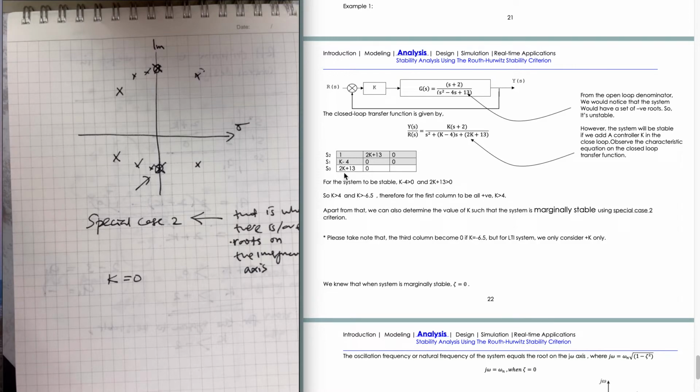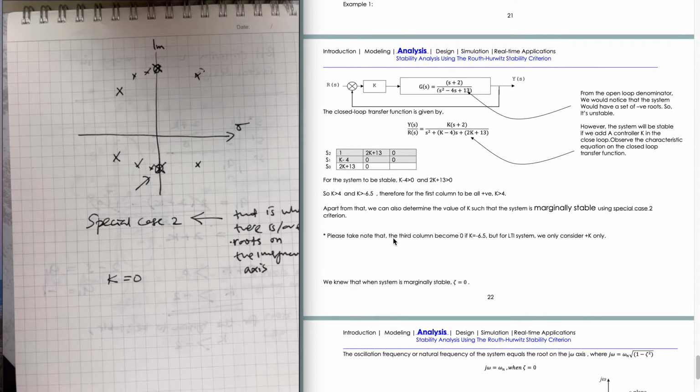We can find the rest of the roots, but as long as this one is 0, we know the system is on the imaginary axis. So now we know that for the system to be stable, k must be greater than 4. If k equals 4, then the system is marginally stable.